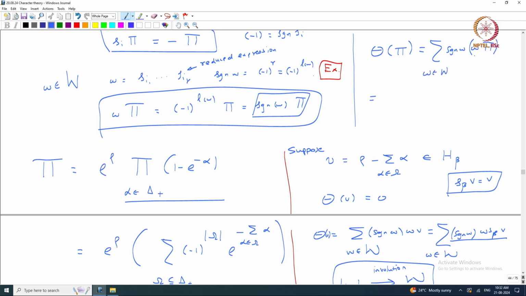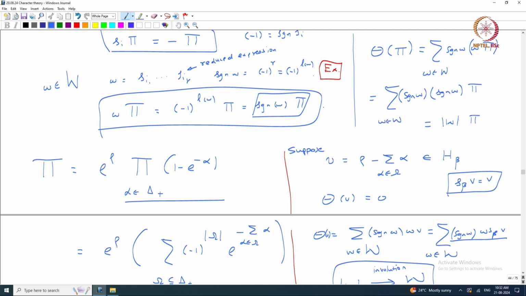Then you get W pi is nothing but sine W pi. So, the summation of sine W times sine W pi, W in W, gives you exactly the cardinality of W times pi. This is something we already have.